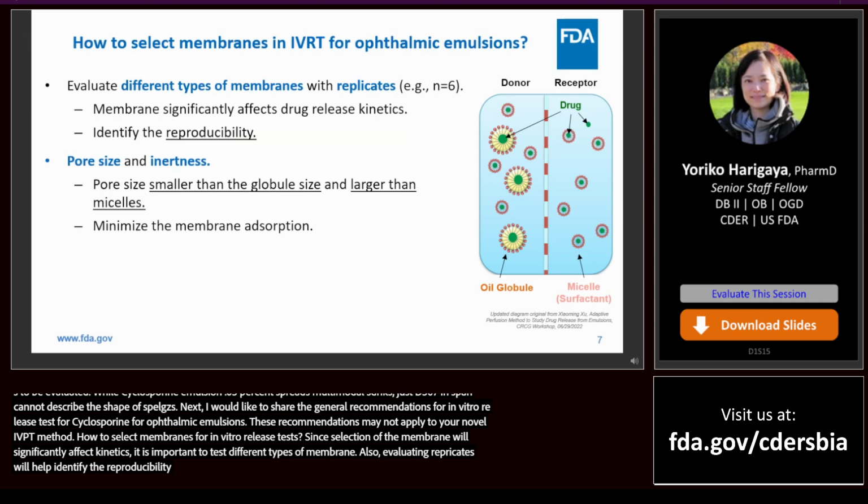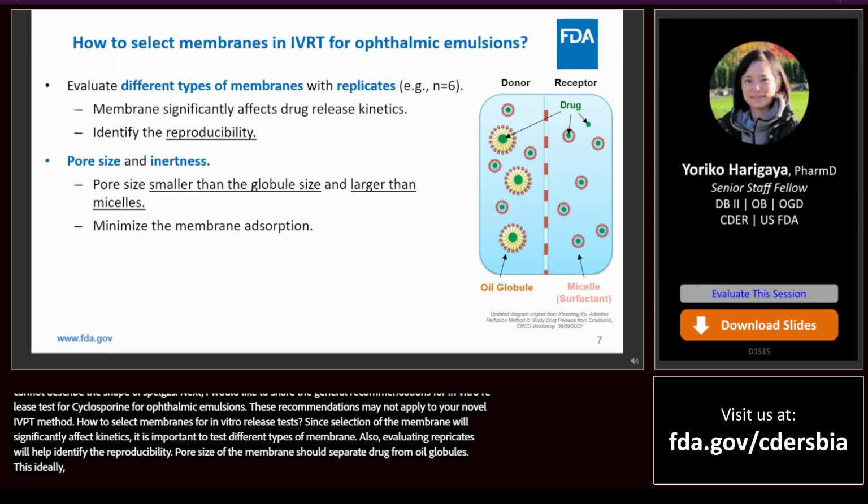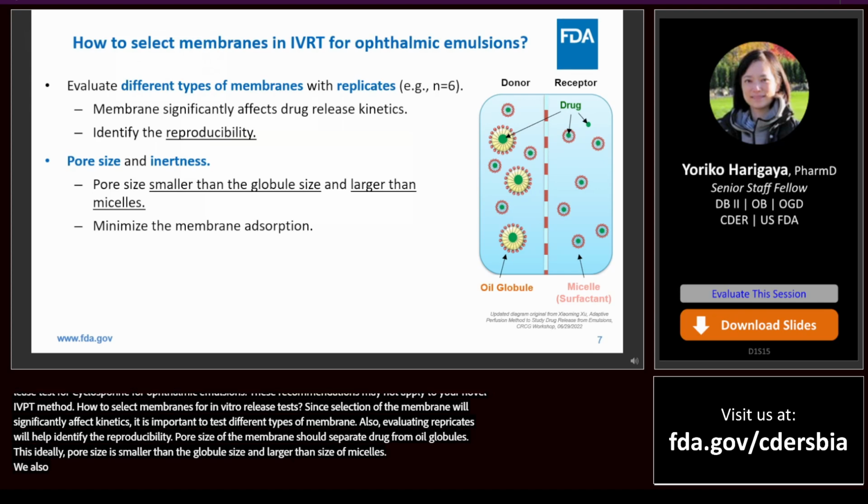Pore size of the membrane should separate drug from oil globules. Thus, ideally, pore size is smaller than the globule size and larger than the size of micelles. We also recommend to evaluate the inertness of the membrane to minimize the membrane adsorption.